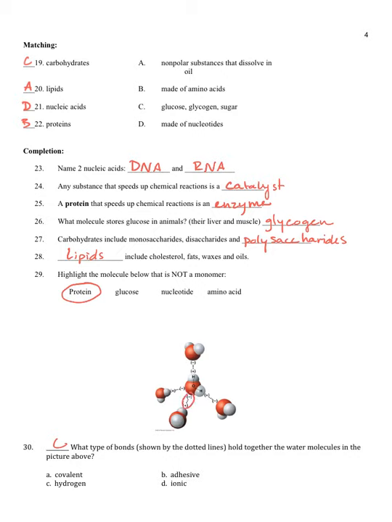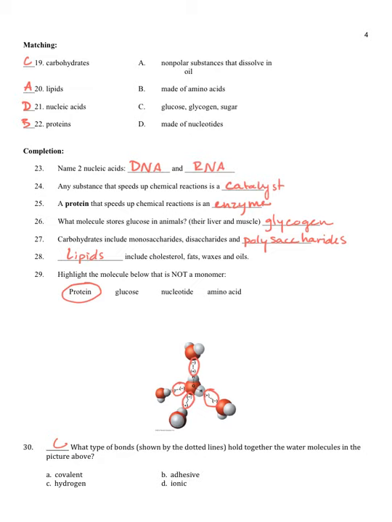And then you'll notice also that for question number 30, there is a diagram that has a whole bunch of little bonds between these water molecules. Those bonds shown by the dotted lines are very weak attractions between negatively charged oxygen molecules and positively charged hydrogen molecules. Those are called hydrogen bonds.